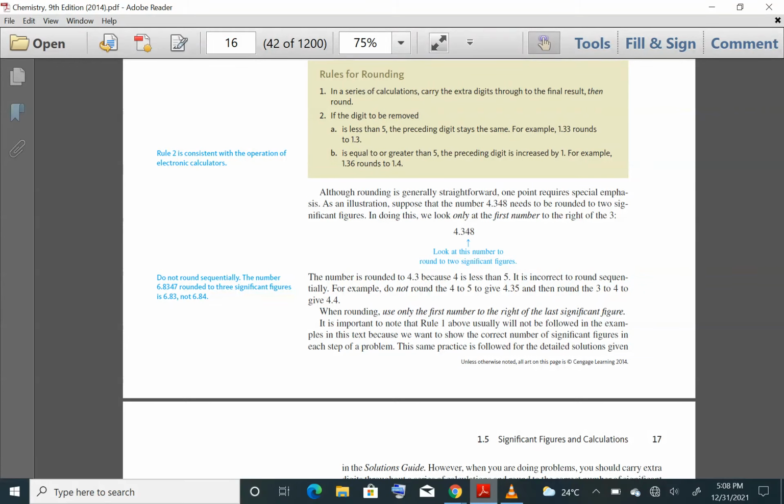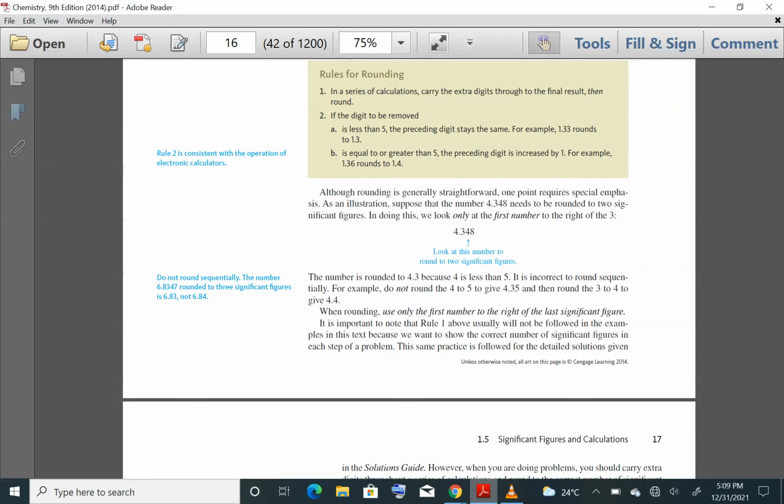So whenever you're calculating something, keep all the extra digits. Don't round off, because if you've got 6 steps in your calculations and you keep rounding off 6 times, your answer may be thrown off. Carry the extra digits to the final result, then round off the final result.